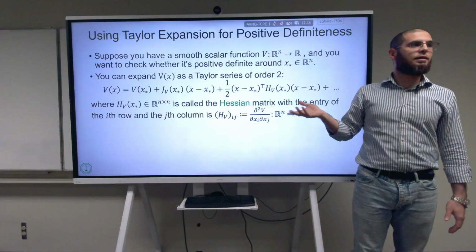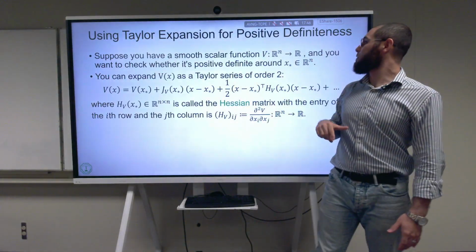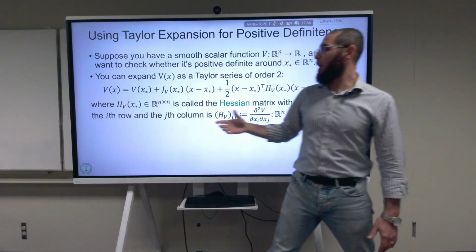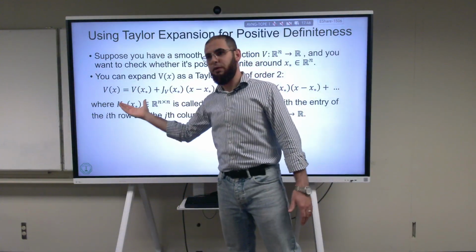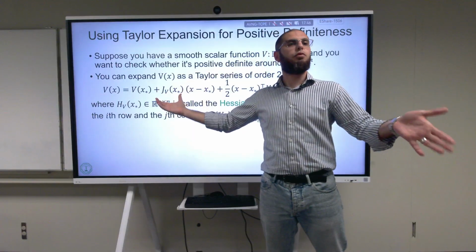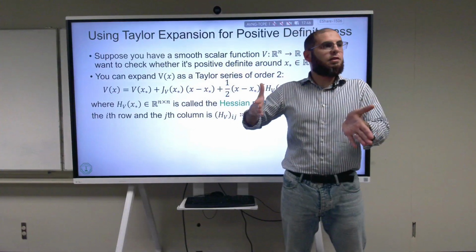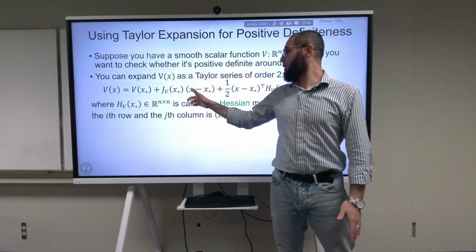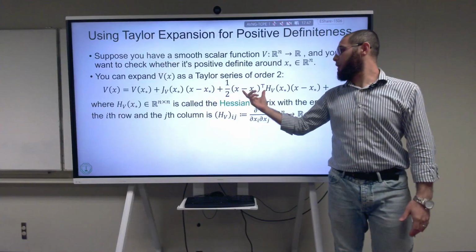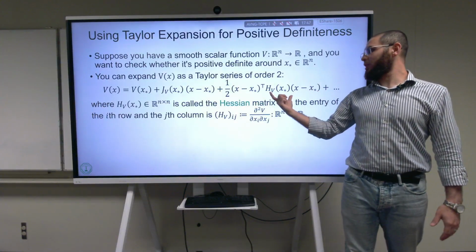If we expand this function with a Taylor series around this equilibrium point, only up to second order, we have that v of x is equal to v of x star plus the first derivative, which is the Jacobian, multiplied by the difference between x and the equilibrium point, plus half of the same difference transposed, multiplied by a matrix.